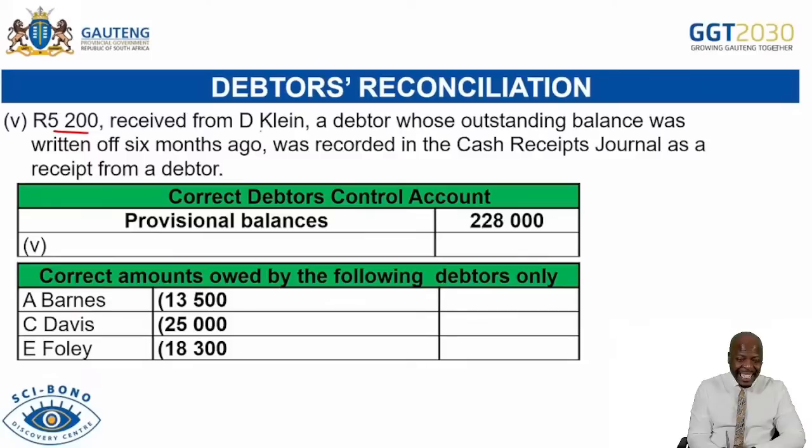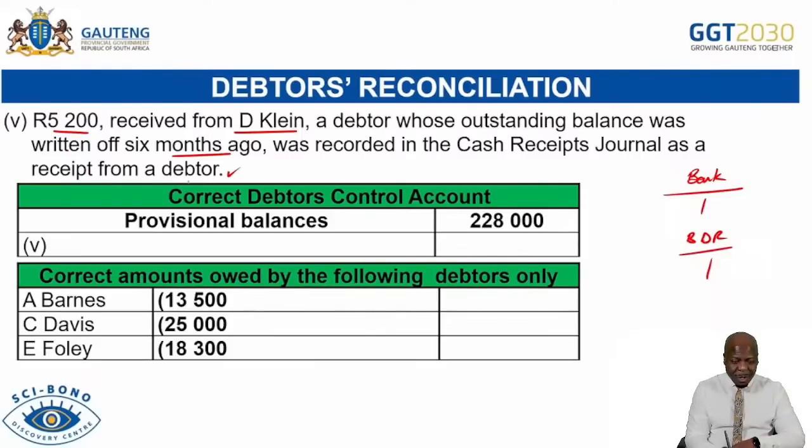5,200 received from D. Klein, a debtor whose outstanding balance was written off 6 months ago. So this is bad debts recovered, was recorded in the CRJ as if it's receipt from a debtor. This is incorrect, because once a debtor is written off and then pays, it only affects 2 accounts. That is your bank and your bad debts recovered. It must never affect your debtor's control.